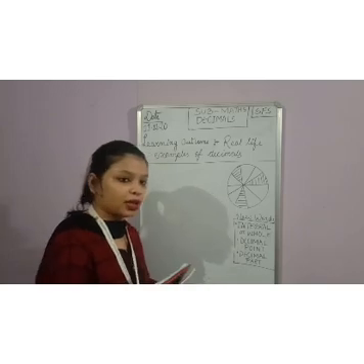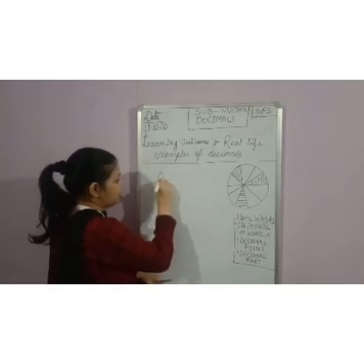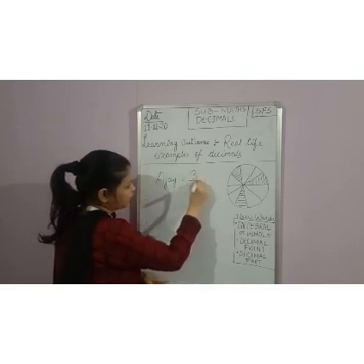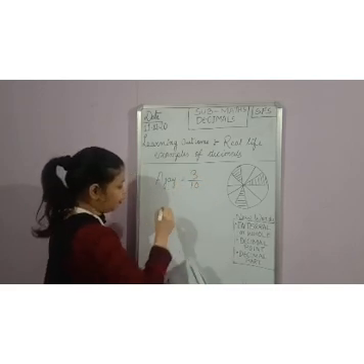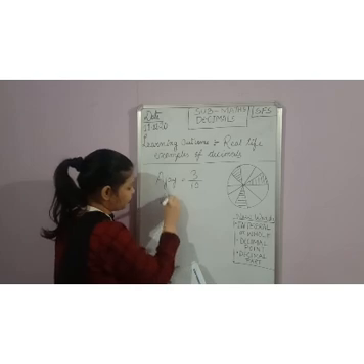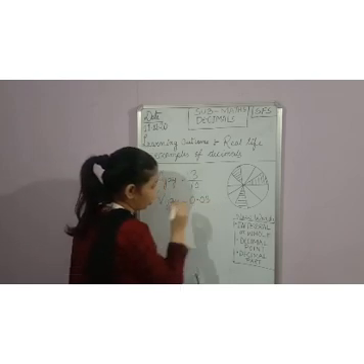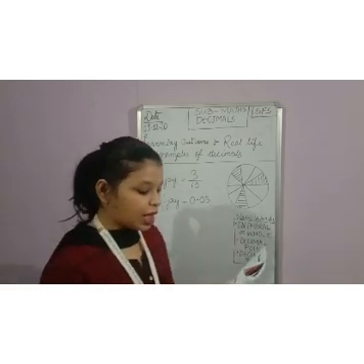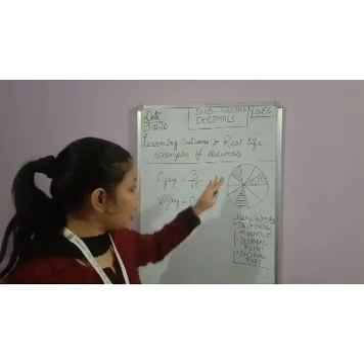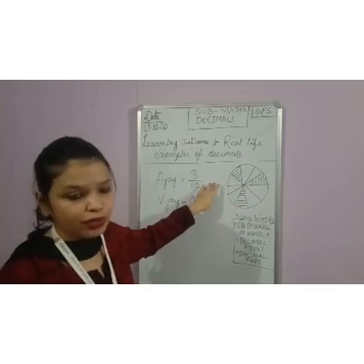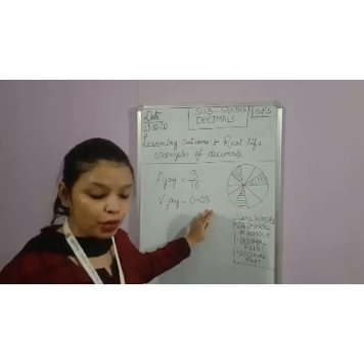Now Ajay has written in fraction as 3 by 10 and Vijay has given 0.03. Ajay and Vijay are the names of two persons and they have represented the shaded part of the circle in this way. Ajay in the form of fraction, Vijay in the form of decimal.